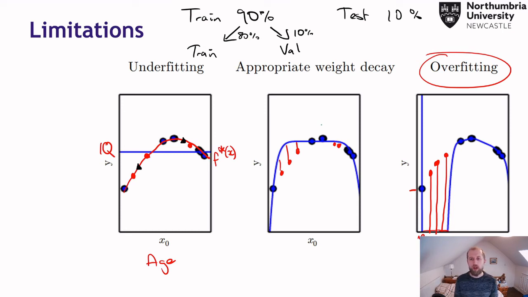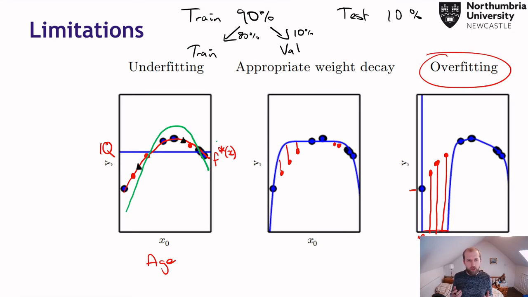So let's imagine that this distribution that we're looking at here is age versus IQ for one country, say the UK, but for a different country you might get a new distribution which is instead like this.